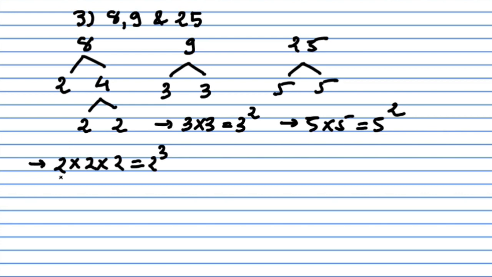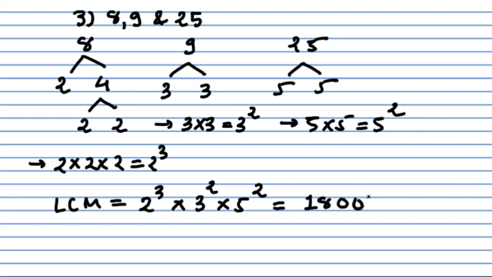So LCM is equal to 2 cube multiplied by 3 square multiplied by 5 square, which is 1800. And the HCF is 1, because there is no common factor between all these three numbers. So this is the solution of question number 3 of exercise 1.2.